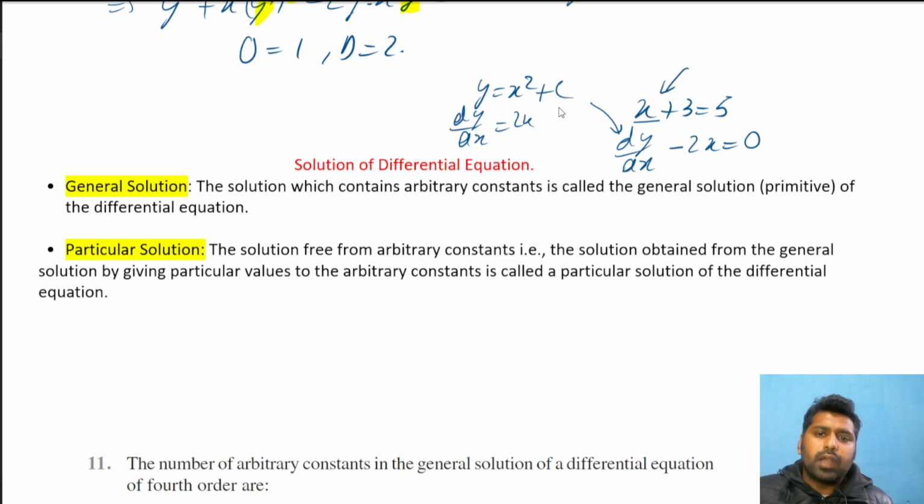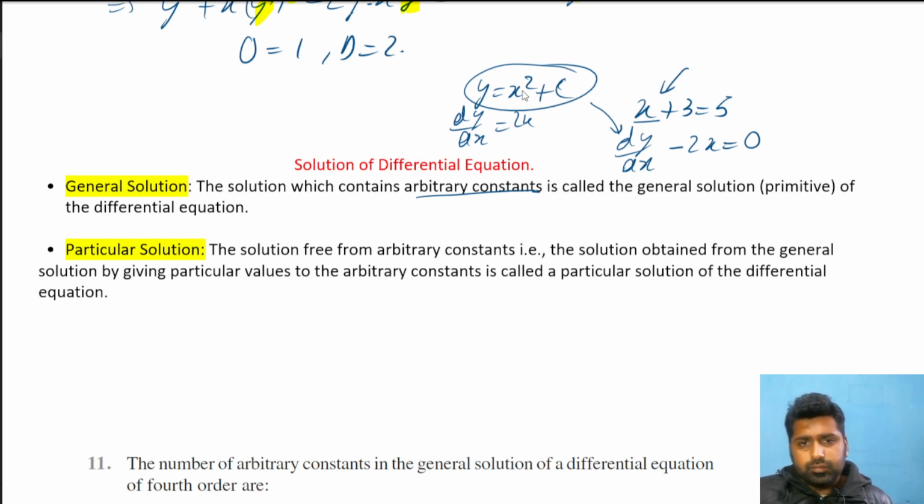So now you will have two kinds of solutions. One is called general solution, one is called particular solution. If you don't know the value of the arbitrary constant, that what constant was involved, what was the value, you don't know its value, so that's why it's called arbitrary constants. If you don't know the value, it's called arbitrary constant, and if they are involved, the solution will be called general solution.